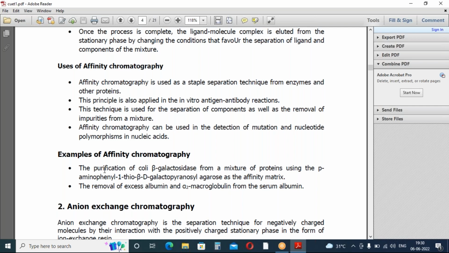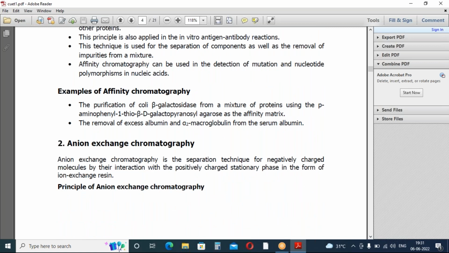This agarose is the stationary phase used for the separation of beta galactosidase. It is also used for the removal of excess albumin and macroglobulin from serum, that means for the separation of different types of proteins and enzymes. Okay, that is the main purpose of affinity chromatography.